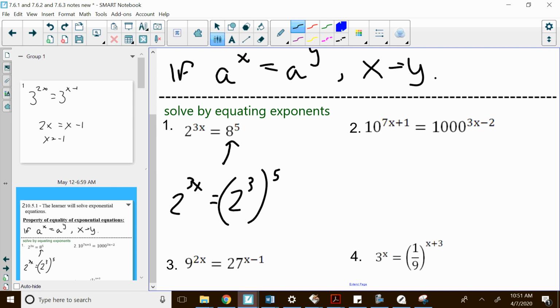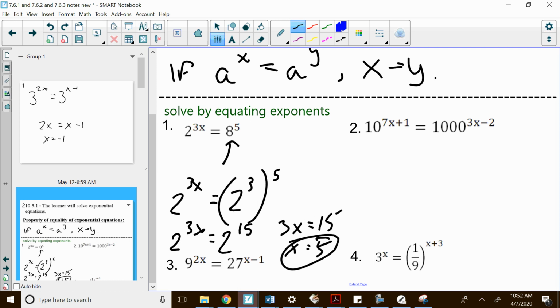We've simply written 8 as 2 cubed, which is fine, because now we'll have 2 to the 3x equals 2 to the 15th power. Remember, when we take a power to a power, we multiply. And now our bases are the same. Now we can say 3x equals 15, and therefore x equals 5. That's a very nasty 5, but there you go.